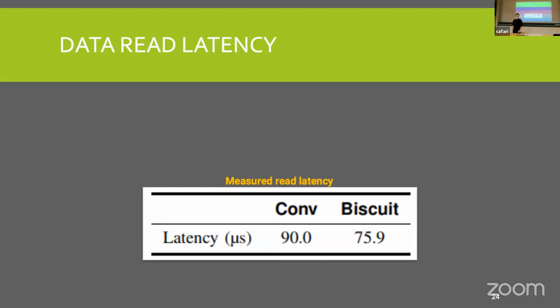Then for data read latency, you can see that for conventional, it's basically a round trip time from host to SSD back to host. And for Biscuit, it's SSDlet to SSD storage to SSDlet. And obviously Biscuit has a much shorter path. It stays inside the SSD, so it outperforms conventional.